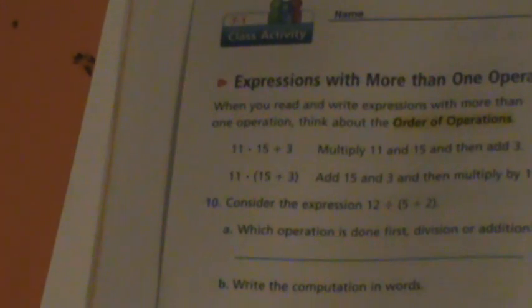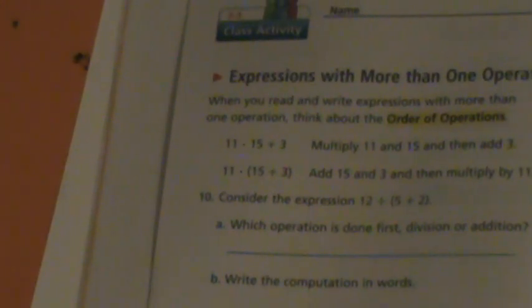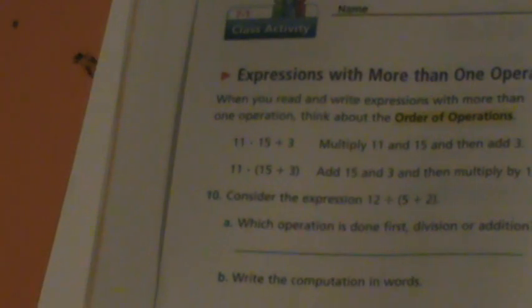And here is where things get a little more interesting, which is simply when there's more than one step. And this is where our order of operations come into play. We worked on order of operations last week. We came up with our own mnemonic devices.